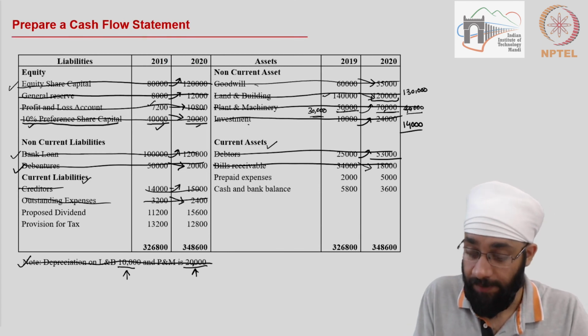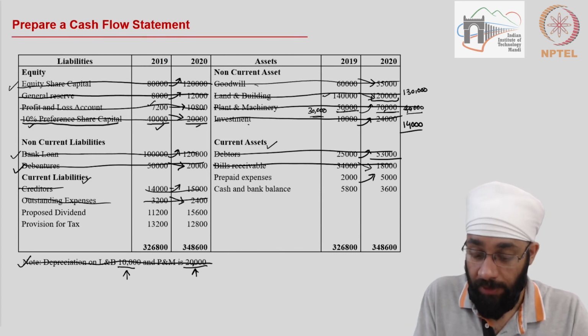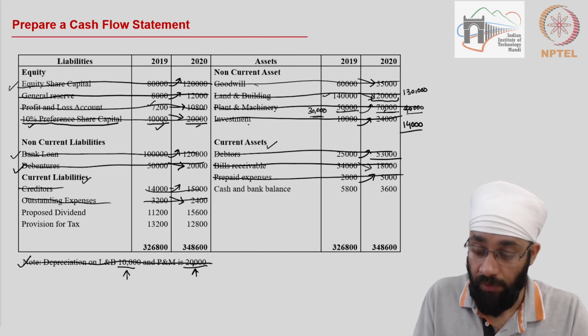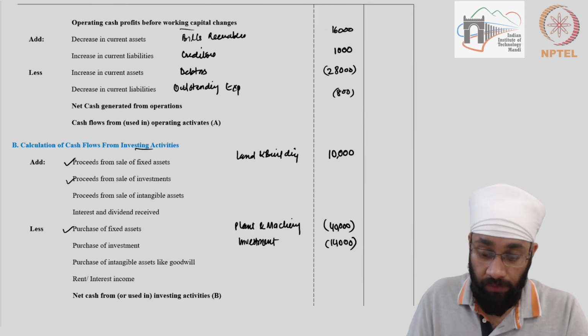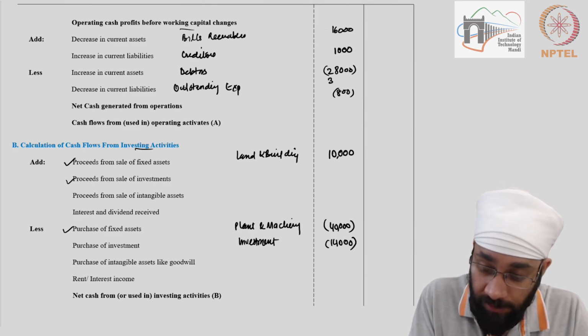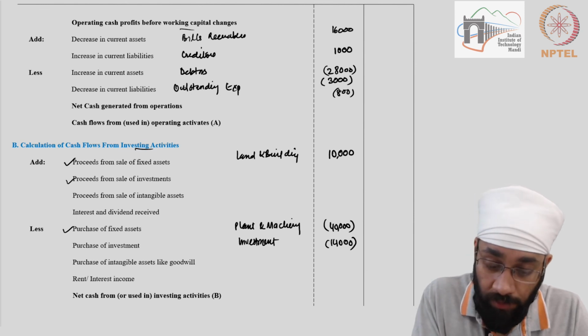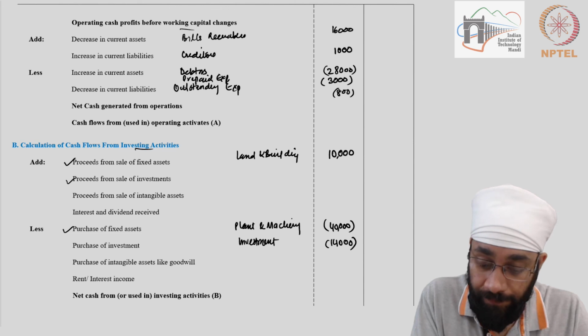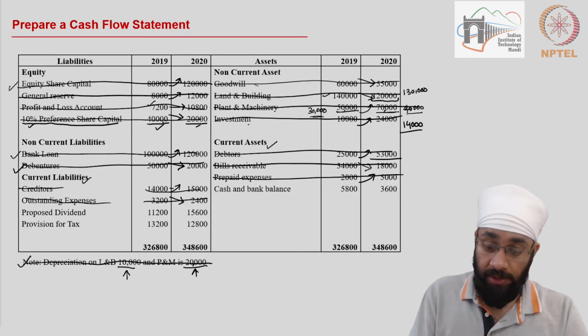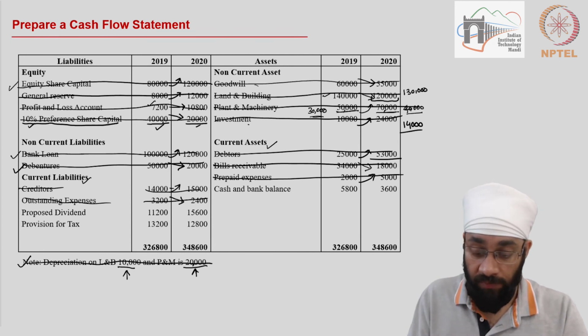And then you have prepaid expenses which are going up, meaning more expenses are being paid in advance. This is a cash outflow, 3,000 outflow. Let me write it here, 3,000 and outflow, and I'll say prepaid expenses. There you go. All the current assets have been taken care of.